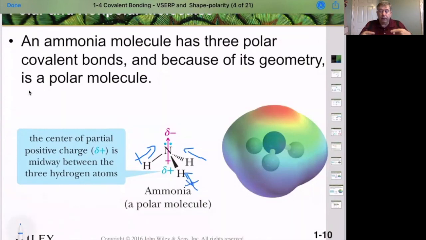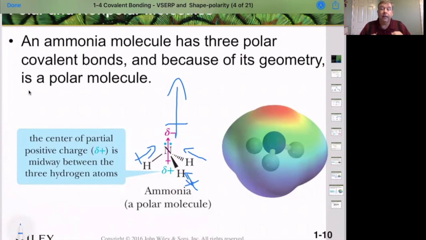Now, the linear components that point toward the nitrogen all cancel each other out because they're each 109 degrees apart, so they cancel each other out. So the only component that goes up toward the nitrogen, we add all 3 of those together, and we end up with a net dipole of the molecule facing up toward where the electrons are sticking out, okay?